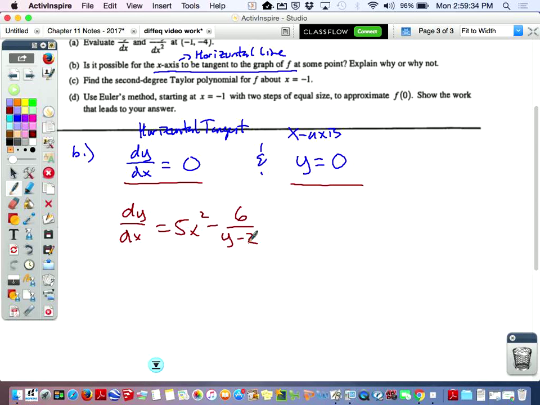Okay, now I'm going to put in 0 for dy/dx, and I'm going to put in 0 for y. And what that's going to do is give me 5x squared plus 3. And now at this point, we should be able to tell if this is even possible. Is this possible?